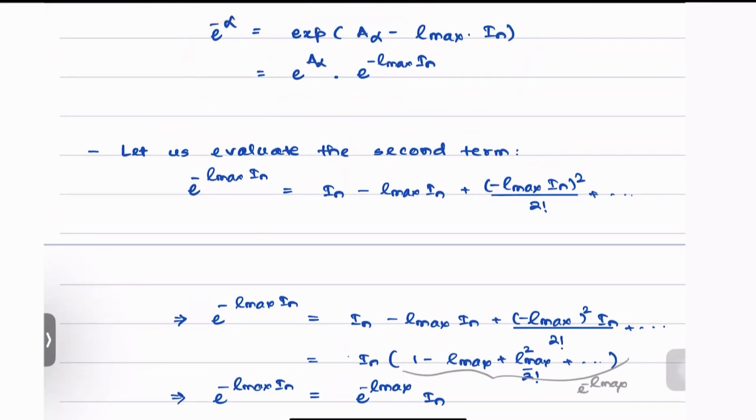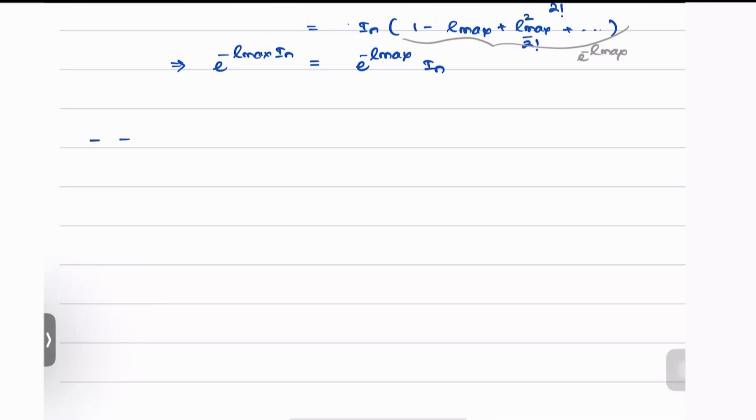e raised to the power minus L is equal to e to the power Al times e to the power minus L max In. That now becomes equal to e raised to the power minus Il, which is e raised to the power Al minus L max In, is equal to, again, e raised to the power Al times e raised to the power minus L max In.